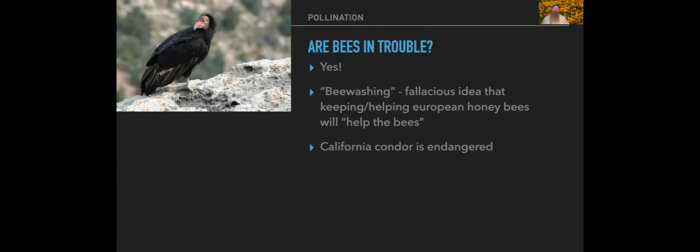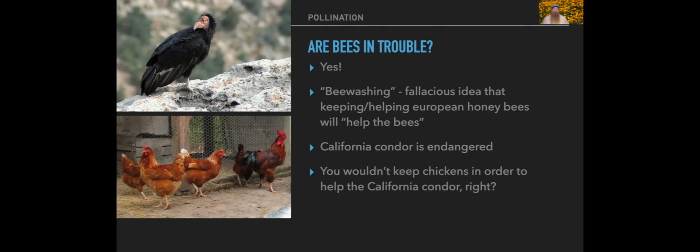The California condor is endangered, right? There's an endangered bird. How can we help that endangered bird? Well, keep chickens. That must be the way to help that endangered bird, right? No. So you wouldn't keep chickens in order to help the California condor. Just like bees. You don't help European honeybees and then think you're helping all bees. All right? That's something to really think about.